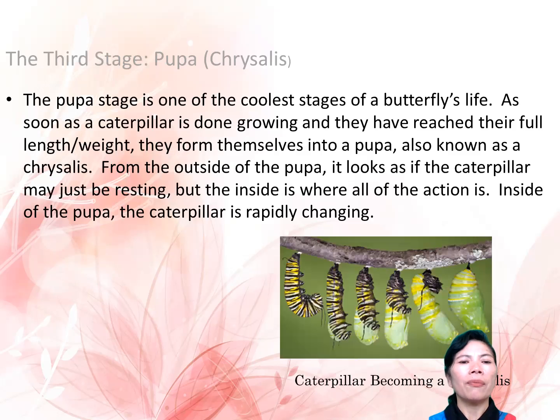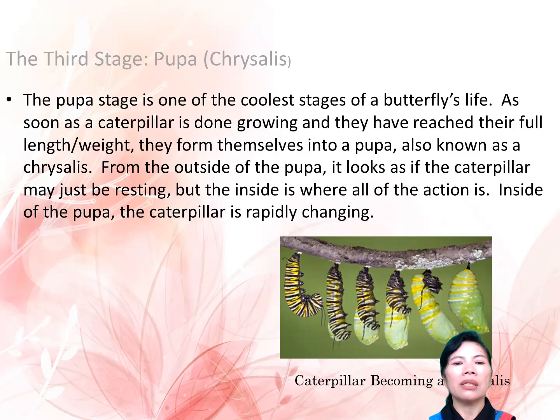The third stage, pupa. The pupa stage is one of the coolest stages of a butterfly's life. As soon as a caterpillar is done growing and has reached its full length or weight, it forms itself into a pupa, also known as a chrysalis.